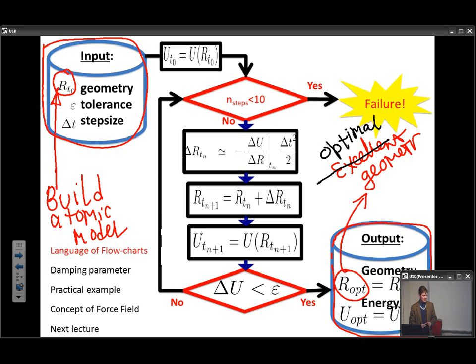So as a minimal requirement, we already know this flowchart. Throw geometry in, get geometry out. And also we can get the optimal geometry, so the value of total energy at the minimum of this potential energy surface. Okay, so how do we get to this point?